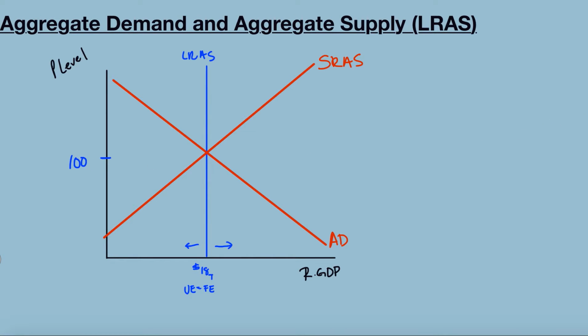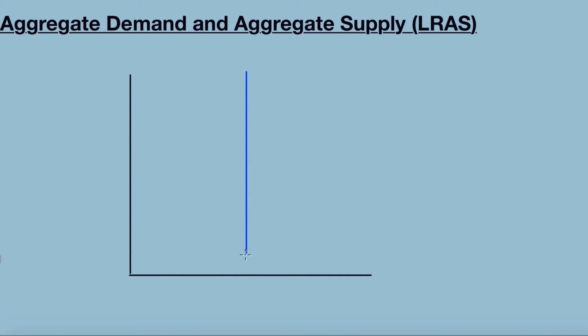Our long-run aggregate supply curve is pegged at our full employment level of real GDP, but that doesn't mean it doesn't shift to the right or to the left whenever we have a change in our resources. Let's say the economy has a full employment level of real GDP of $17.5 trillion.